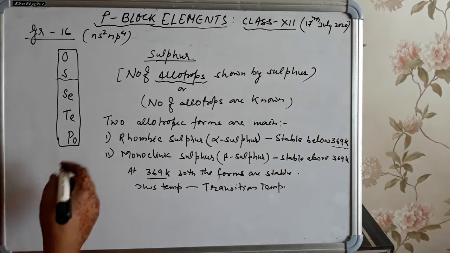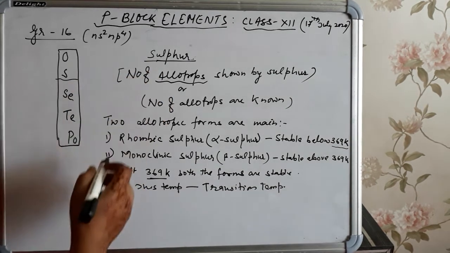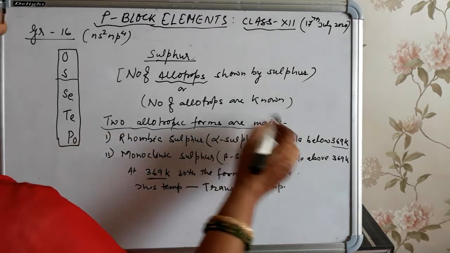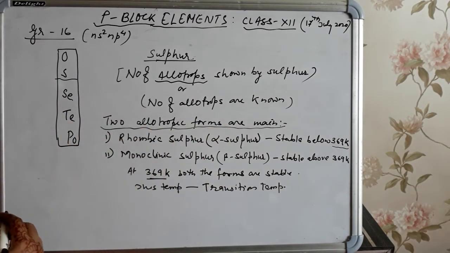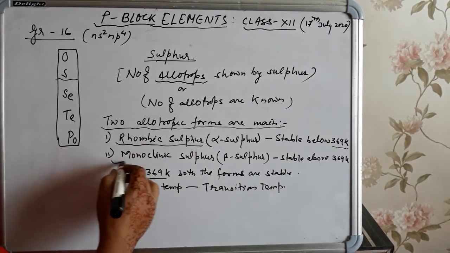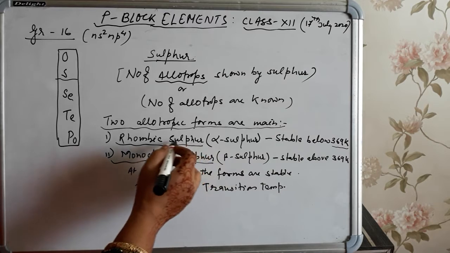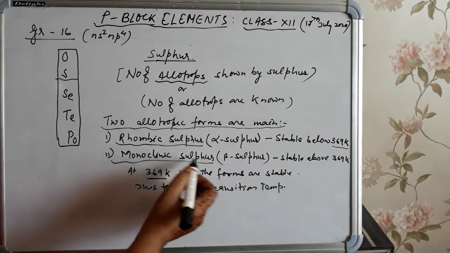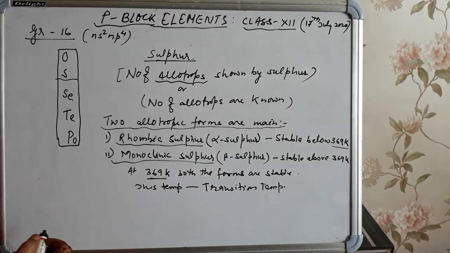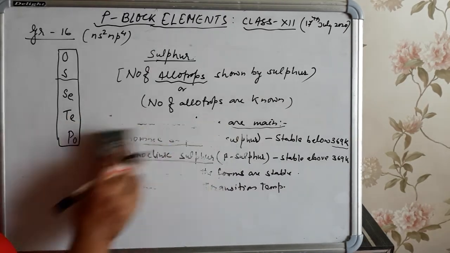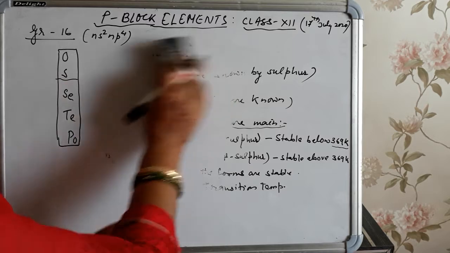So students, out of many allotropes known for sulfur, these two main allotropes we will study according to our NCERT syllabus, which are rhombic sulfur and monoclinic sulfur. Rhombic sulfur is known as alpha sulfur also. Monoclinic sulfur is known as beta sulfur also.